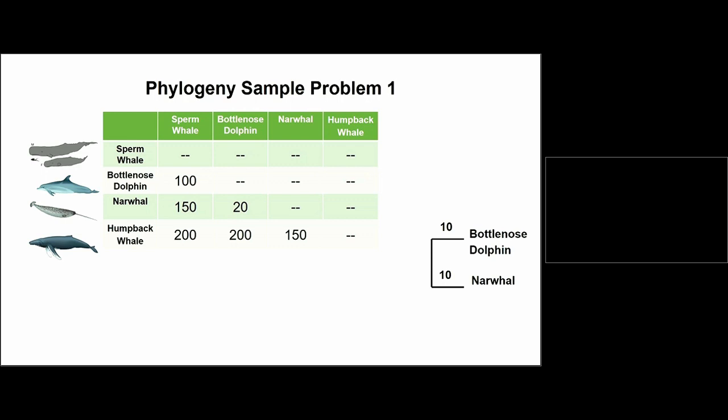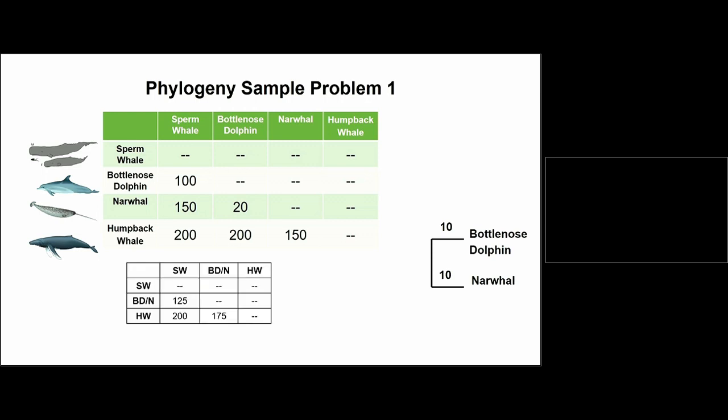Then to figure out which species is most closely related to that common ancestor of the bottlenose dolphin and the narwhal, we're going to have to do some averaging. So what we did was we took the bottlenose dolphin to the sperm whale and the narwhal to the sperm whale and averaged that, and that gave us 125.